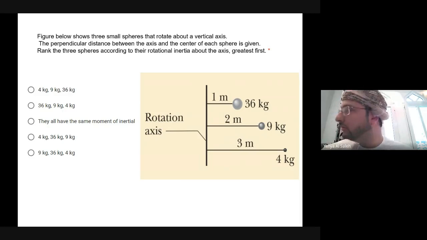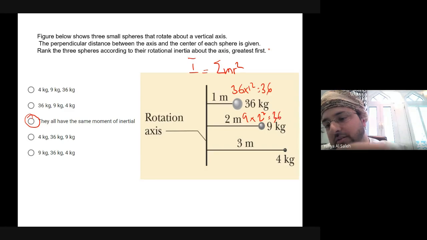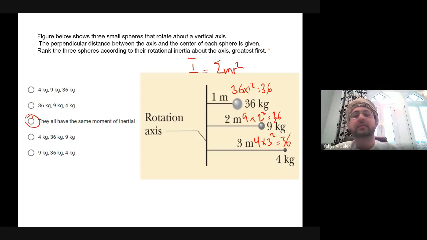The correct answer is actually C. They all have the same moment of inertia. Why? Well, by definition, I equals the sum of m r squared. 36 times 1 squared equals 36. 9 times 2 squared is equal to 36. And 4 times 3 squared equals 36. So the three of these would be equally difficult to spin around.